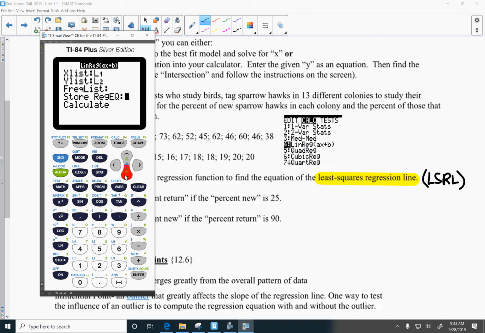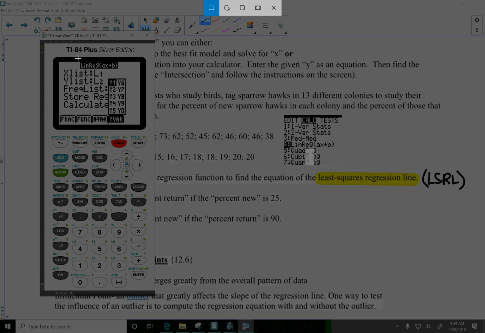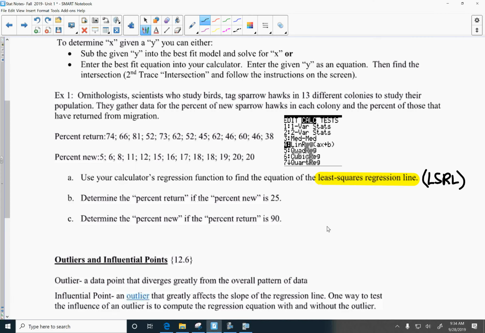Now, store regression equation. What we're going to do is hit alpha, which is right below the second key, then trace, y1. Alpha, trace, and then select y1. If you just hit enter on that y1, you'll have what you need.